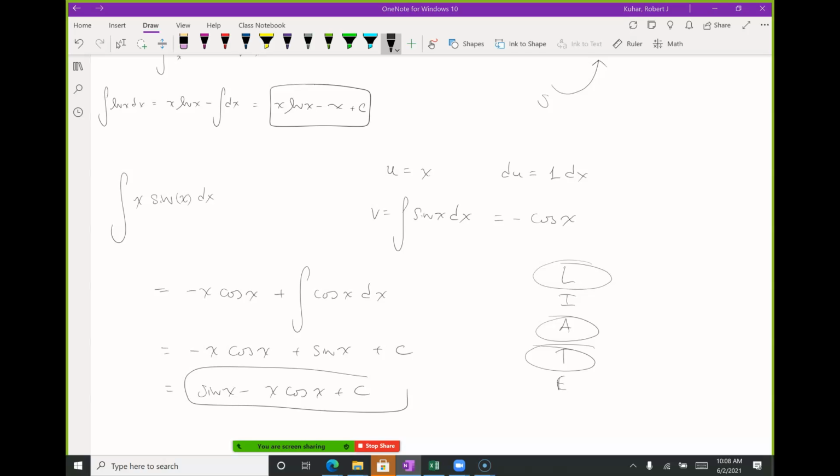Professor, when you do this problem, I understand that the integral of u times the derivative of v equals u times v minus the integral of v du. So why is it the integral of cosine x? You use the derivative instead of just v? Oh, okay. You're talking about here, right there? Yes.